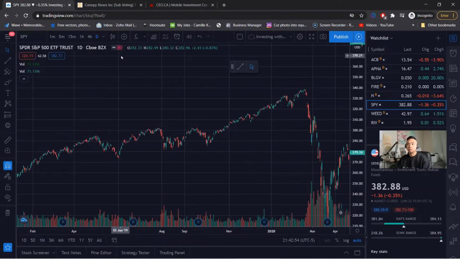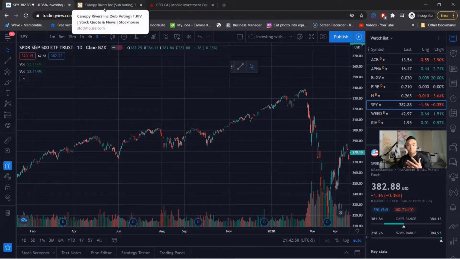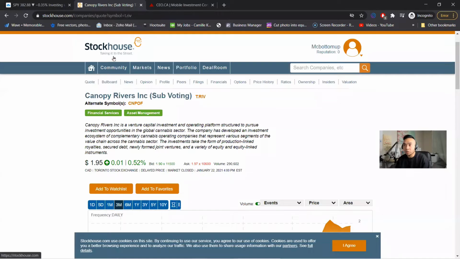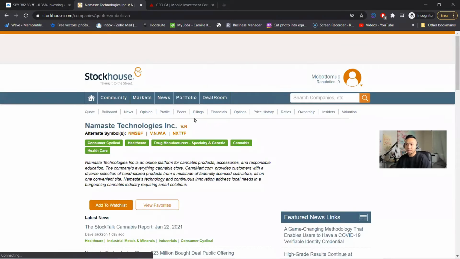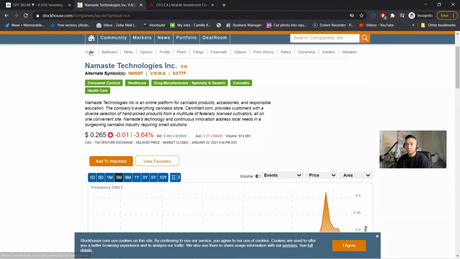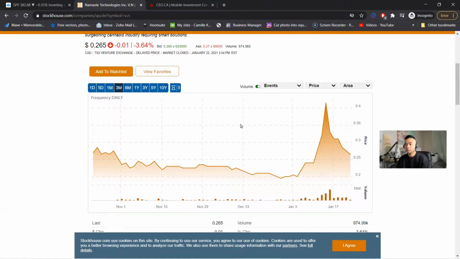I want to get to the other two tools that I wanted to share with you guys, because this is so important. If you go to stockhouse.com, you could see, let's say I already typed in Canopy Rivers, but if I go to, I don't know, Namaste, then you can click on Namaste and you'll have the quote, the billboard, news, opinion, profile, peers, and all this stuff here.